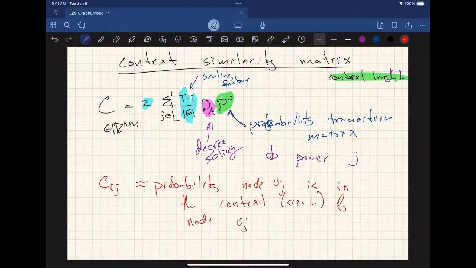So it's the probability node Vj is in the context in here. And so this is kind of what I want to use to guide my embedding. It's not saying Vi and Vj are similar to each other, but it's saying that they co-occur together. They're in this similar context.